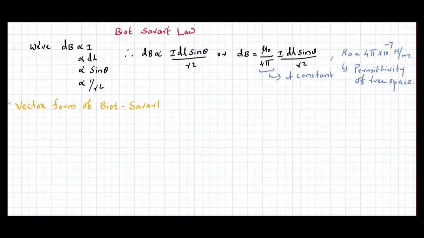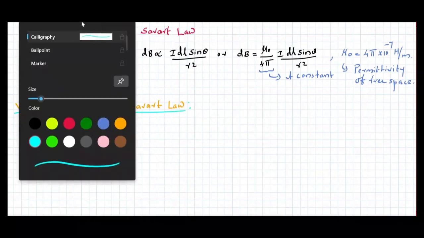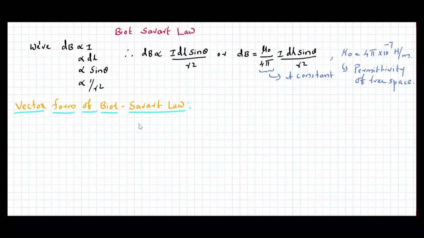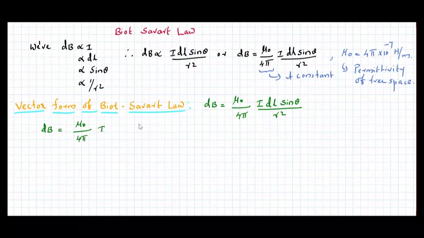Next is the vector form of Biot law. We have dB equal to mu 0 by 4 pi I dl sine theta by r square. Now multiply and divide by r.